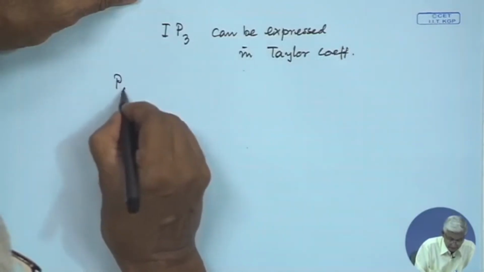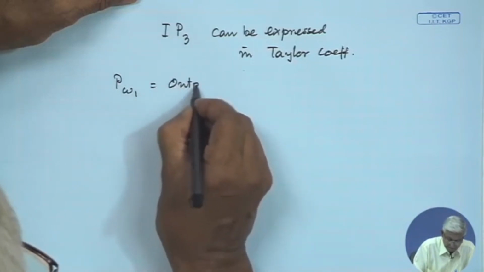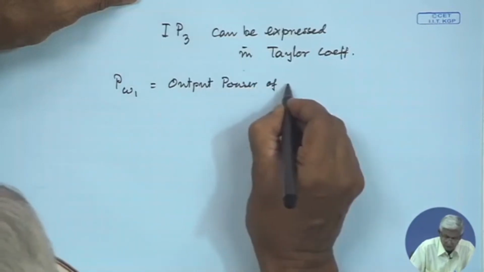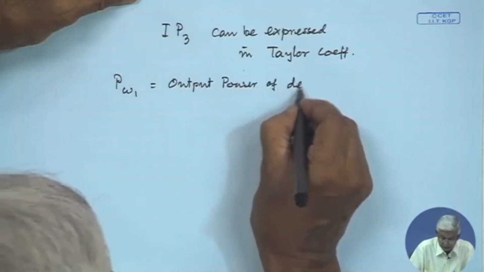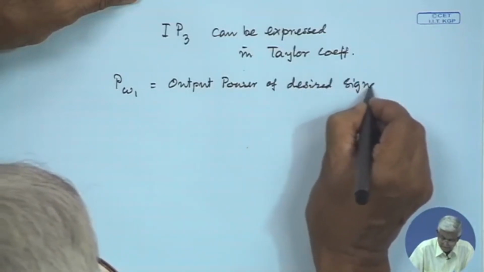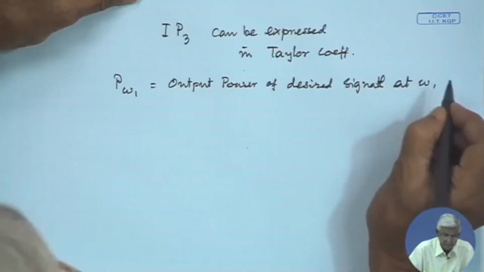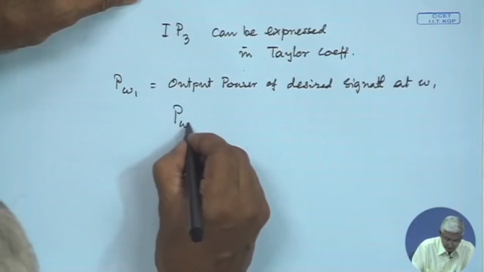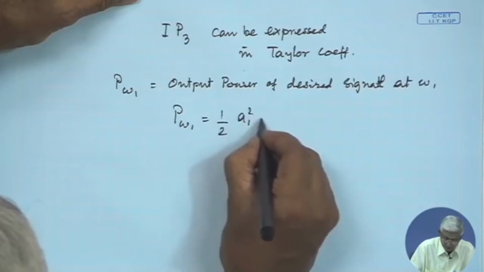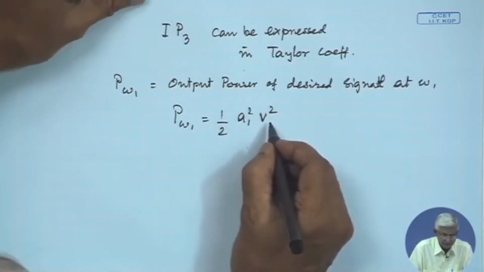Let us see, P omega 1 is the output power of the desired signal at omega 1. So, P omega 1 is half of A1 square V square, its power. So, A1 square V square.